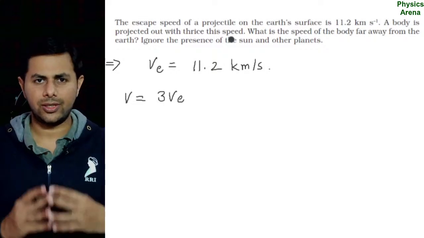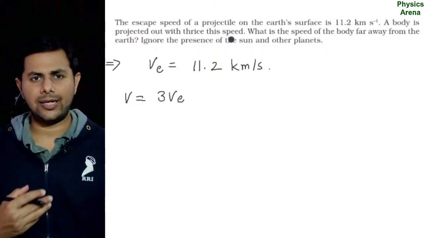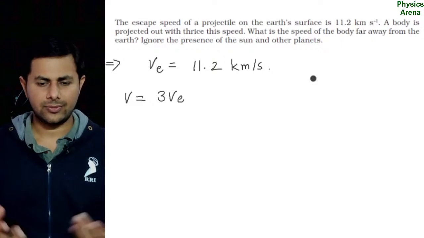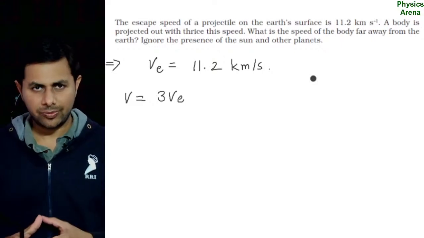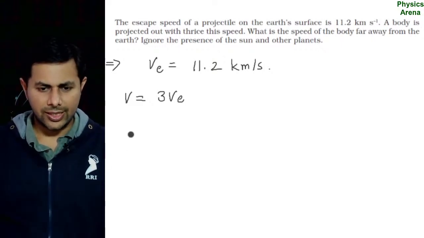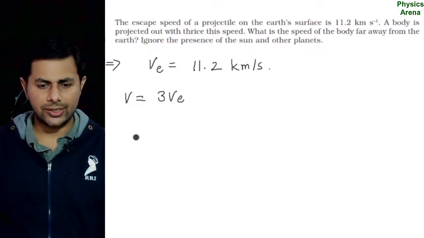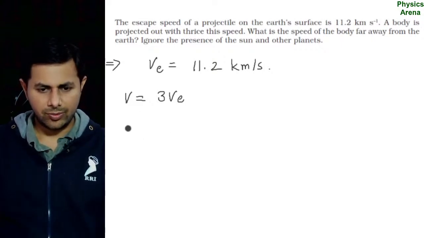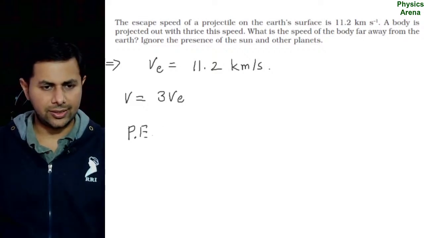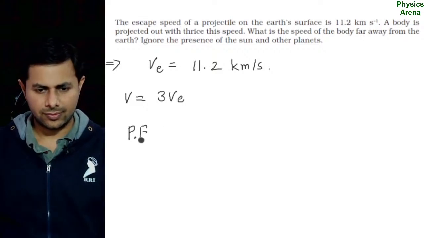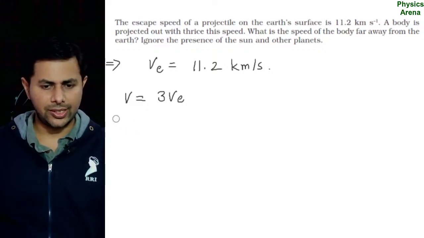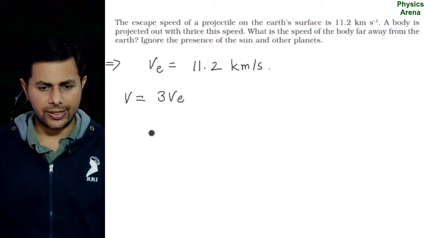Let's suppose at infinity, at infinite distance. This is a simple problem based upon the law of conservation of energy. So we can say that the sum of potential energy plus kinetic energy, I will write U for potential energy and K for kinetic energy.